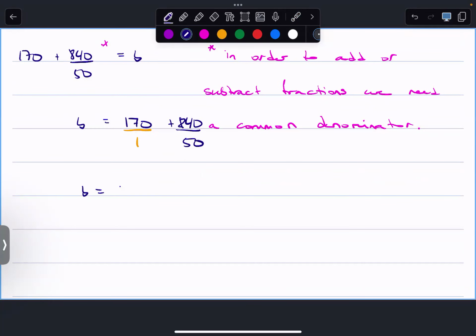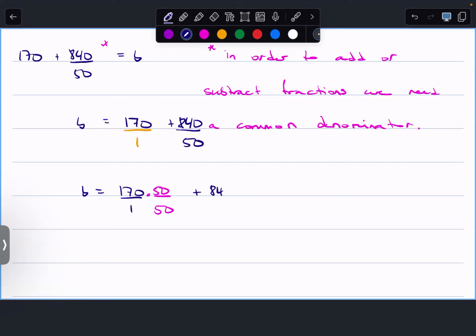is that B is 170 times 50 over 50. Talk yourself into, okay, 50 divided by 50 is 1. I can always multiply by 1 and it doesn't change anything, right? And I guess technically 170 divided by 1. Let's do that just to show that there's still fractions.